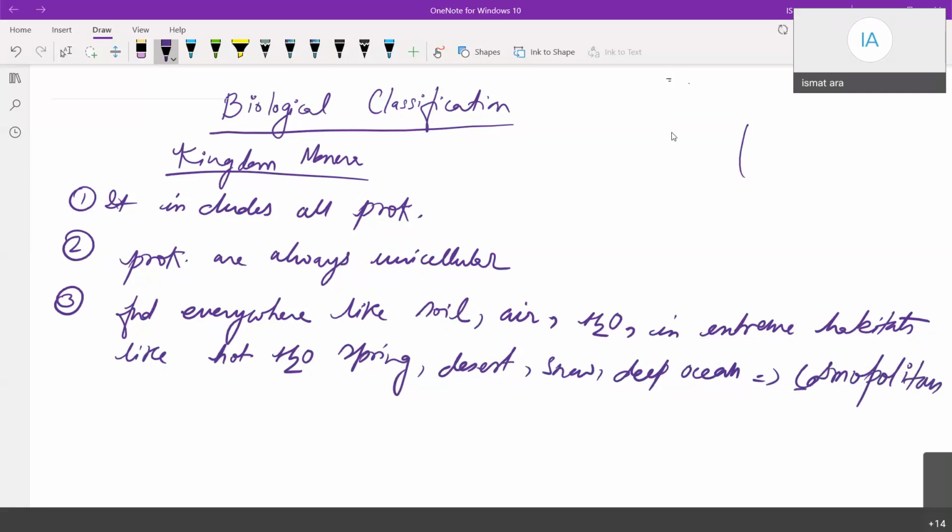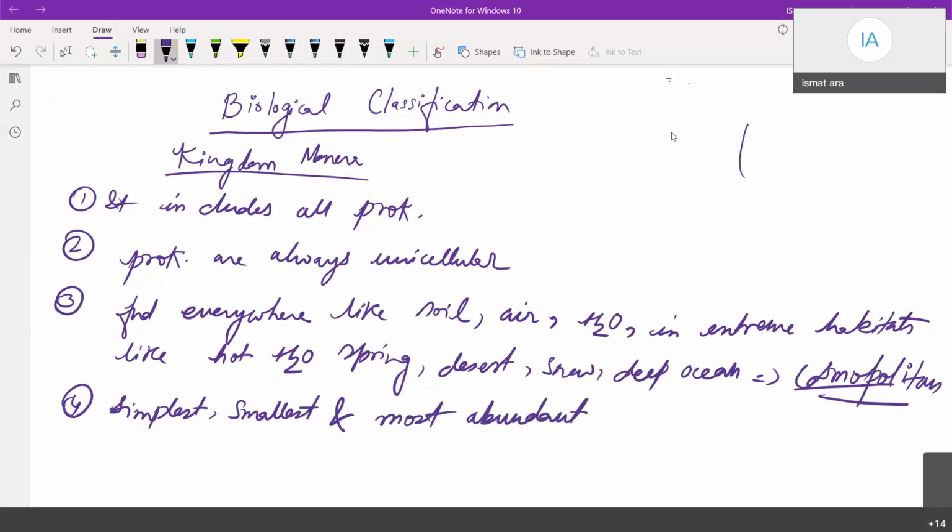Cosmopolitan means they are found everywhere. They are the simplest, smallest, and most abundant organisms. They are the first inhabitants of Earth.